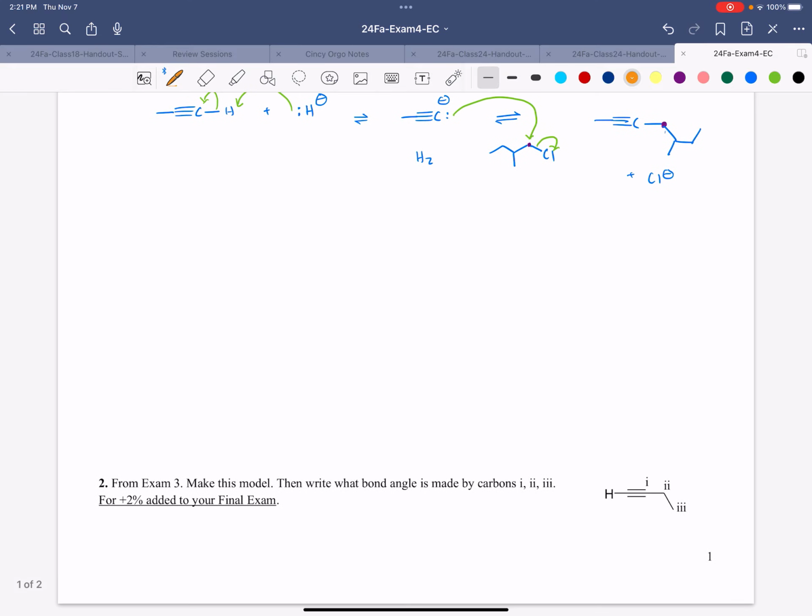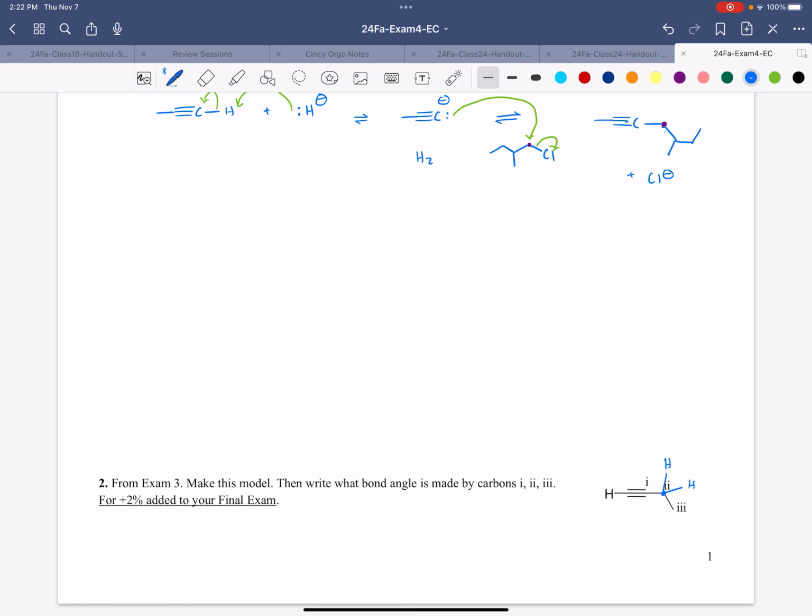Okay. Number 2, a couple of students have already come to do this worksheet, and they made models. So let's say maybe it takes 3 minutes to make this model. You've made alkynes before in lab, so that shouldn't be too hard. And when you look at the bond angle from I, this is your central carbon, there's actually 4 bonds.